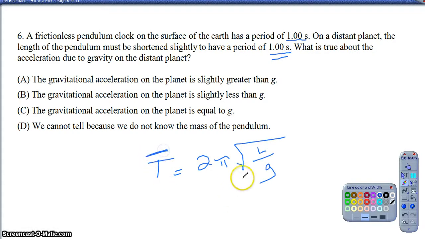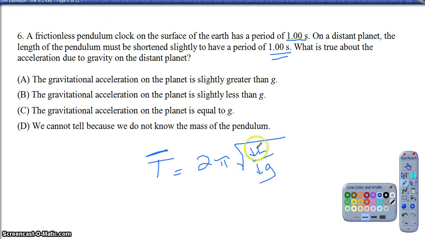It does not change. So if on the other planet we had to decrease the length of the pivot arm, right, the length of the pendulum, if that length was decreased and the period stays the same, what has to happen to g? Well, in order to keep this fraction balanced out, if I, for instance, cut the numerator in half, I'd have to cut the denominator in half as well so that the halves cancel out.